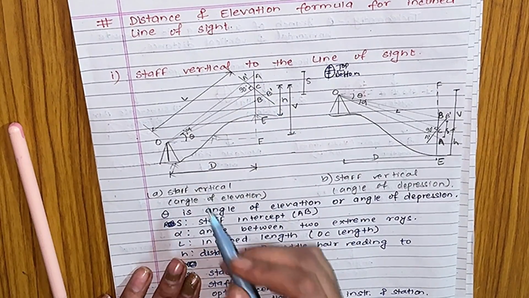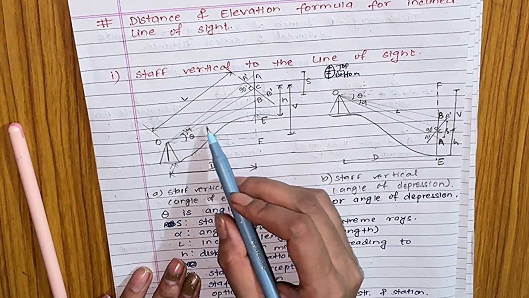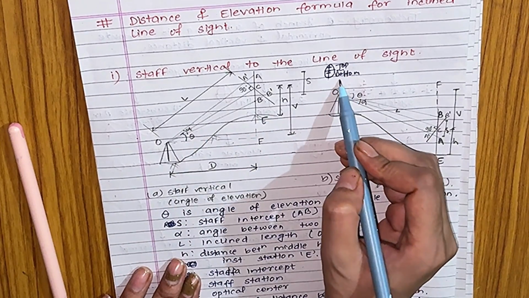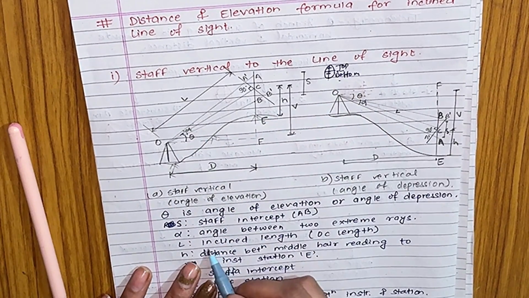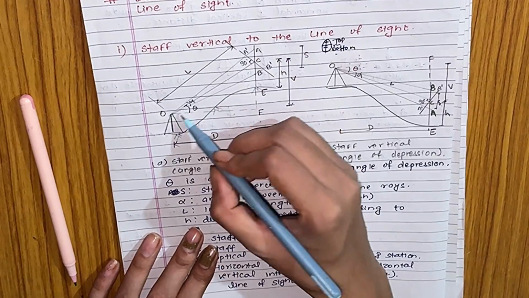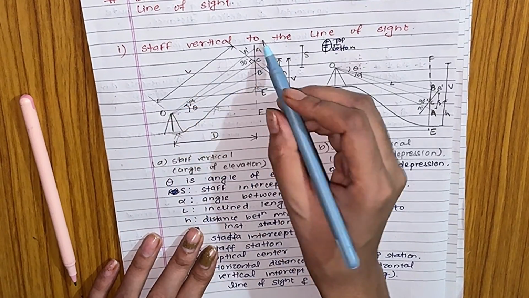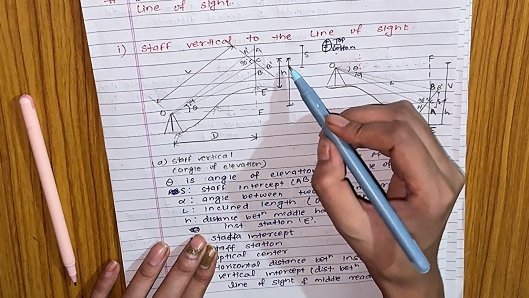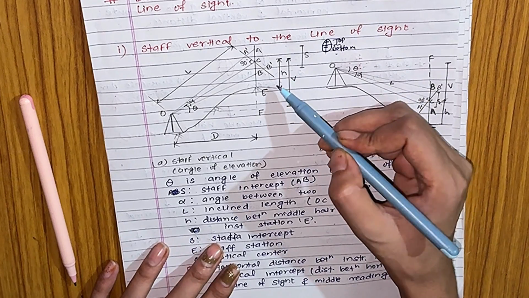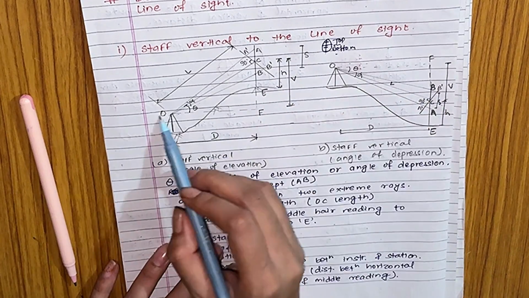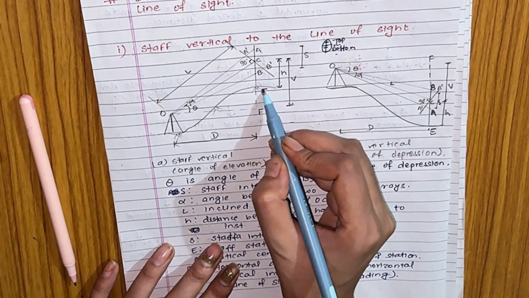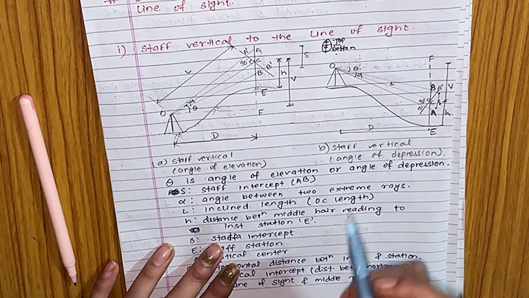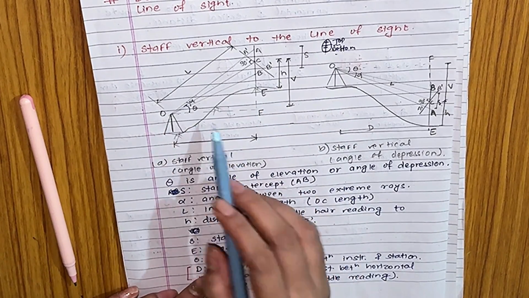So theta is the angle from the line of sight to the middle hair reading. Then we have alpha. Alpha is the angle between the two extreme rays, that is the top and bottom readings. L is the inclined length, the length OC. H is the distance between the middle hair reading and the instrument station E. E is the instrument station, whereas O is the optical center.